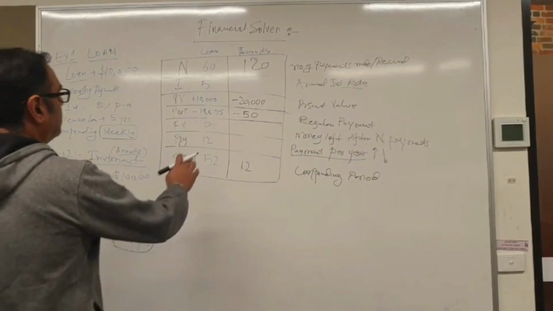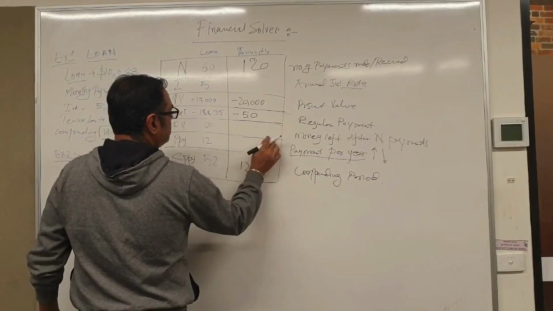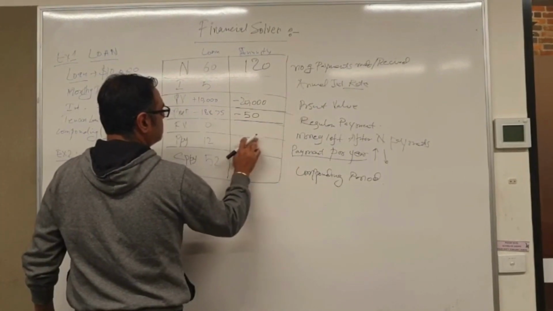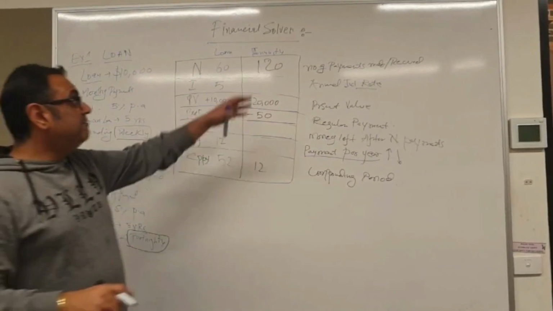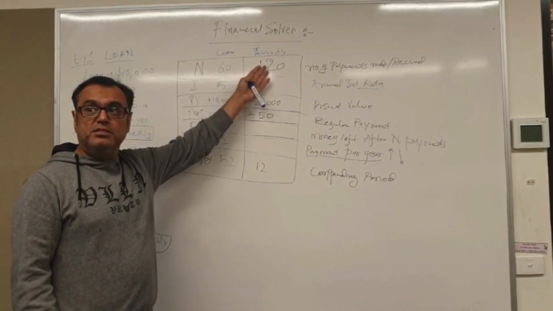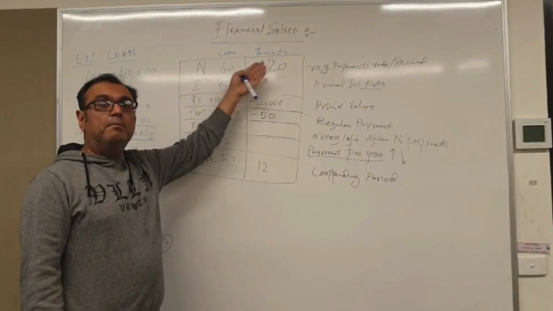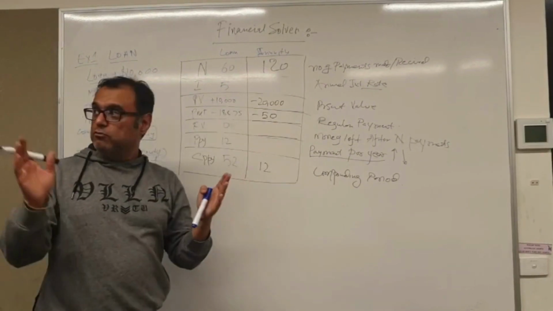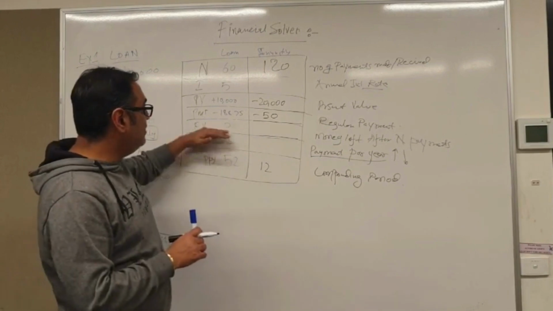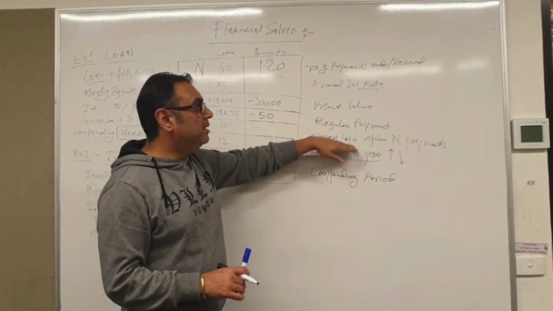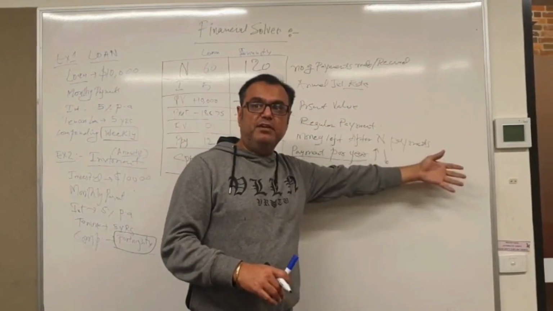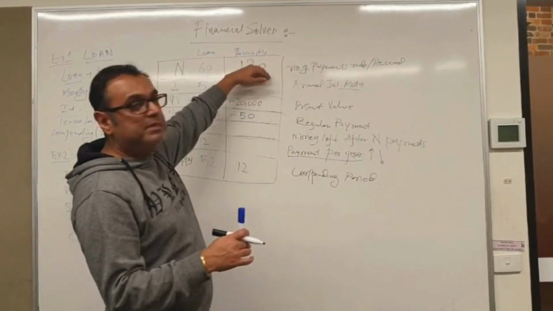What is the future value, Danu? 40,000. How did you say that? Because after 120 payments, the money will grow to $40,000. So FV here is either the money left or the money you've received after your end payments have been done.